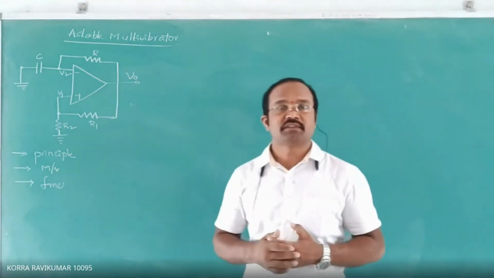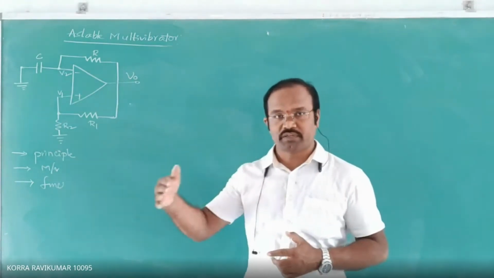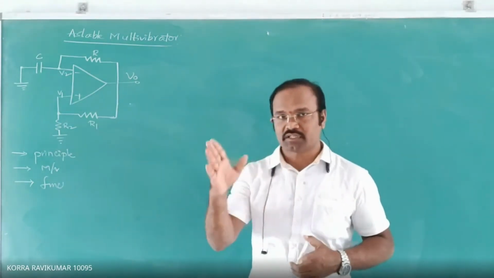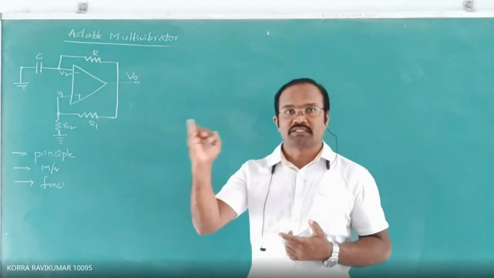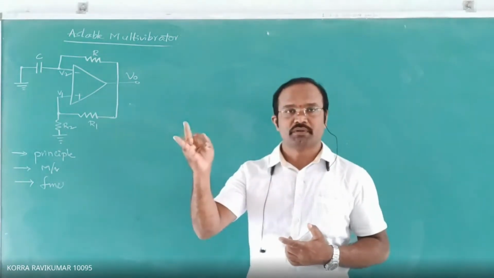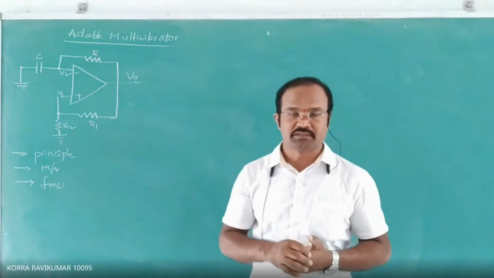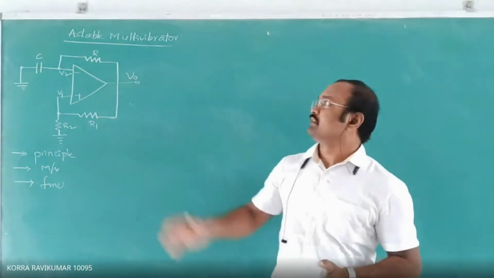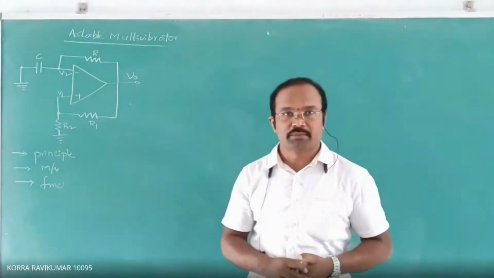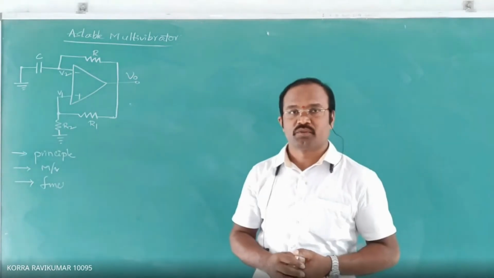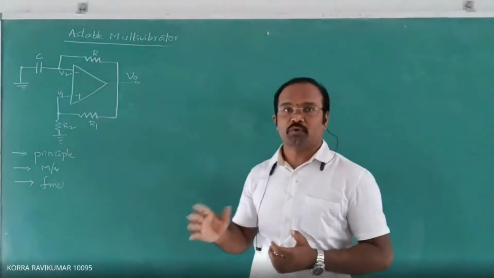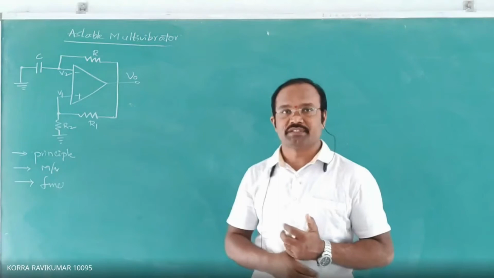We know that multivibrators are classified into three types based on their coupling element: astable, monostable, and bistable multivibrators. In that, the first one is the astable multivibrator, meaning its output waveform oscillates at many frequencies.